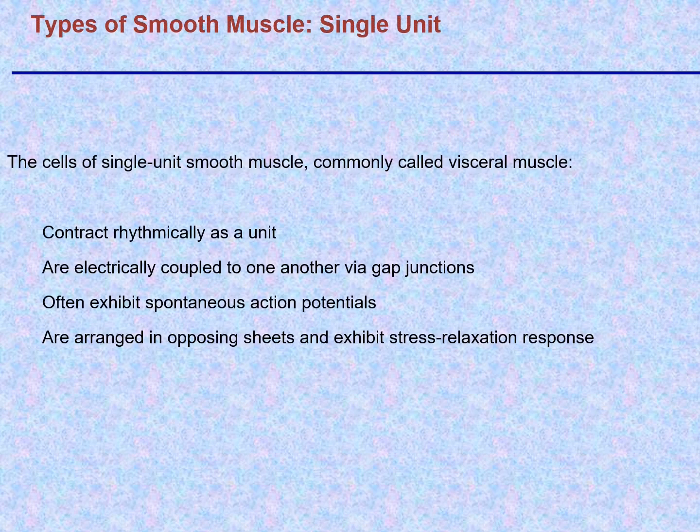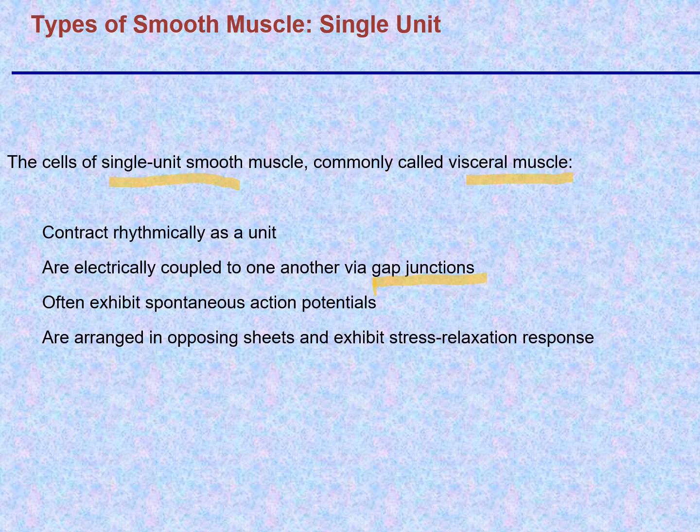You can have some different types of smooth muscle. You can have single unit, which is commonly called visceral muscle tissue. It'll contract rhythmically as a unit. The single unit is a collection of smooth muscle cells which are acting together as a unit because they're electrically coupled together via the gap junctions that allow for easy passage of charged ions between the cells.